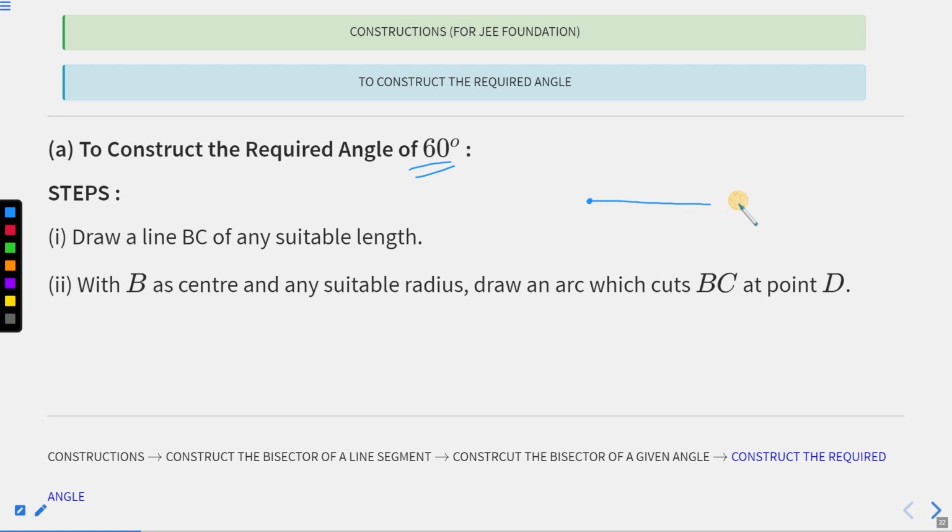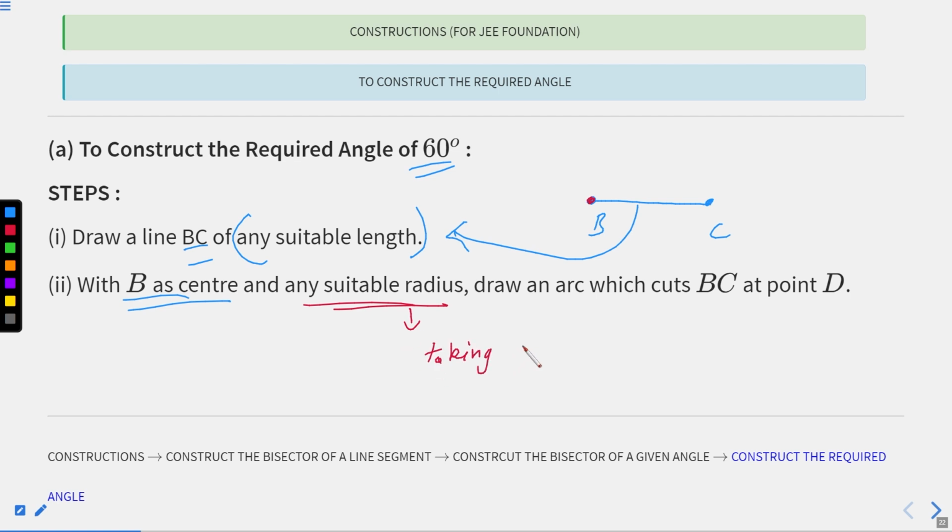Taking B as center with a suitable radius, taking more than half of BC, I am making an arc like this.